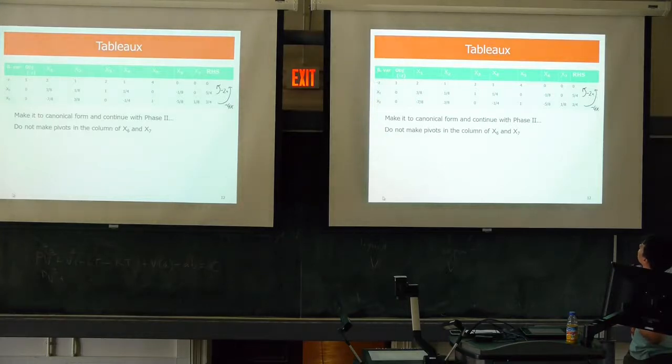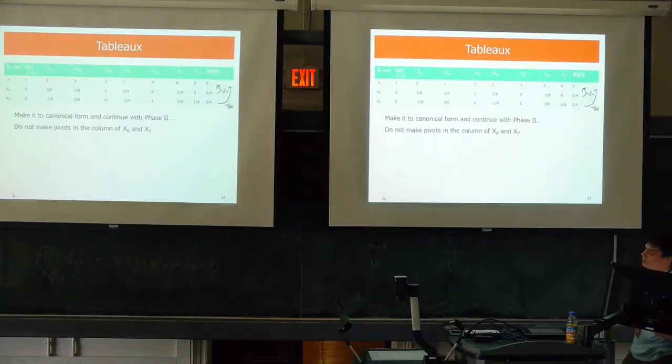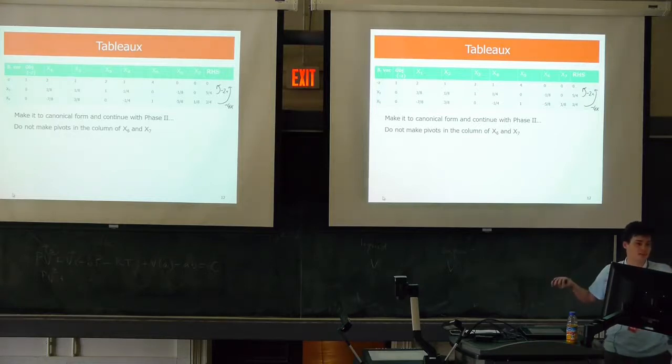So what you do is that you multiply this by -4 and add to this equation, and this with -10 and add to this equation. And that's it. And then you can run the second phase of the simplex algorithm. One thing, though, is that you shouldn't do pivot on x6 and x7 anymore, because they were artificial variables. You don't want to bring them to your basic variables. You run the second phase, and when you stop, you found your optimal solution of the original problem.